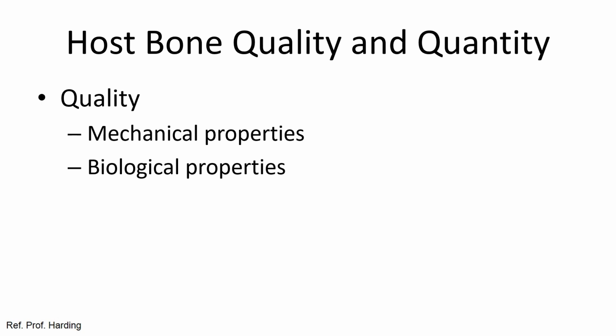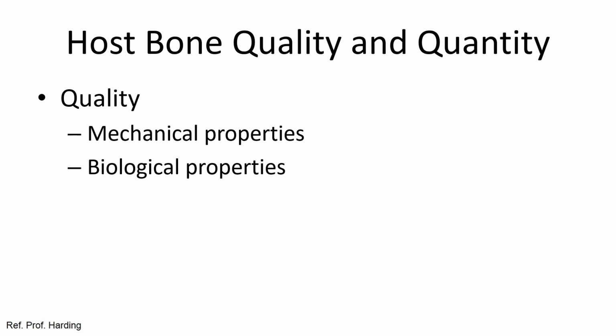Immediate loading is contraindicated in sites where the bone has a poor quality, that is, does not deliver a high primary stability, and this is often done by measuring the insertion torque of the implants, and often torque values in excess of 60 Newton centimeters are required to provide sufficient stability to allow for immediate loading. And remember, when we're doing immediate loading, there is no biological attachment. There is just a functional connection, if you like, between the bone and our functioning implant.